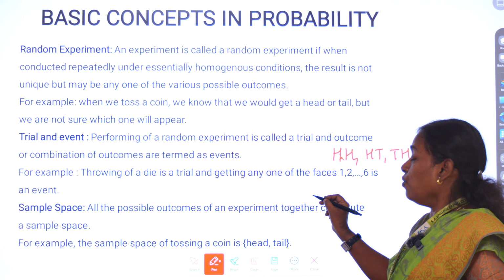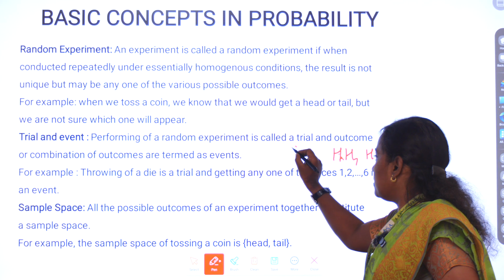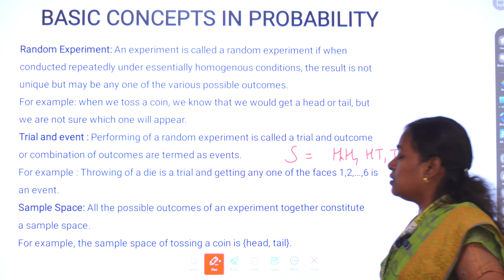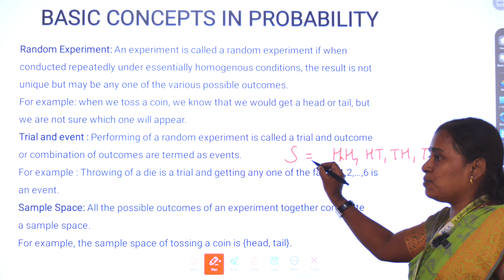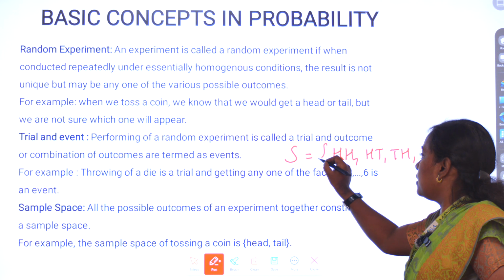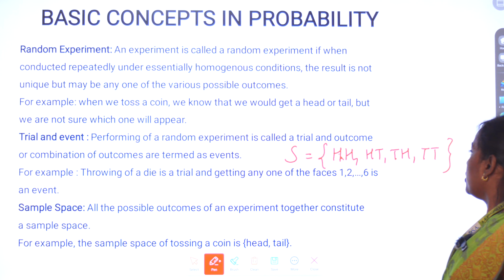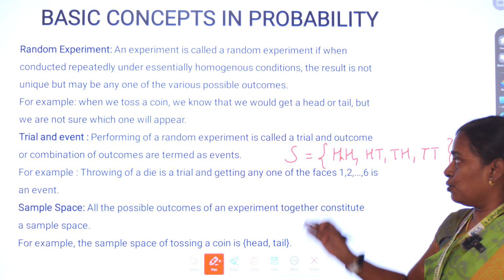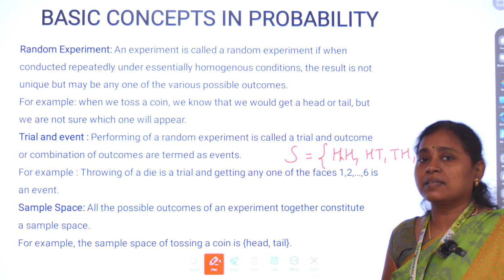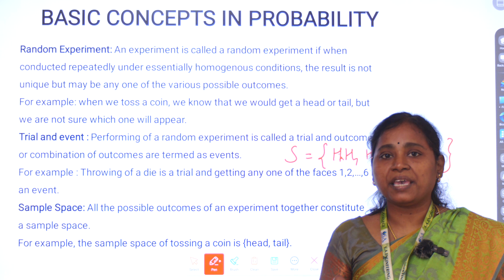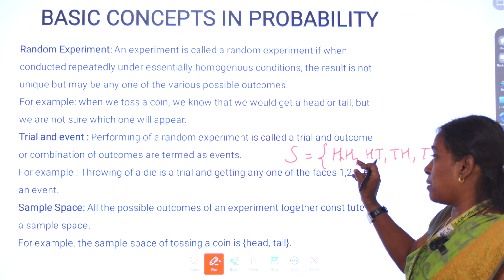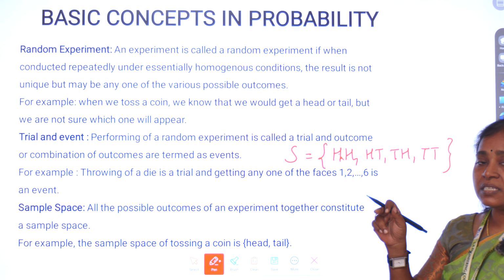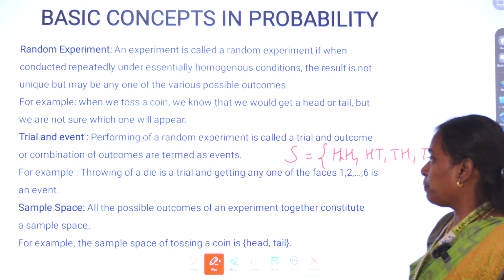So the sample space, which is denoted by S, is nothing but {HH, HT, TH, TT}. Always remember, sample space is denoted by S and the outcomes are represented within curly brackets.